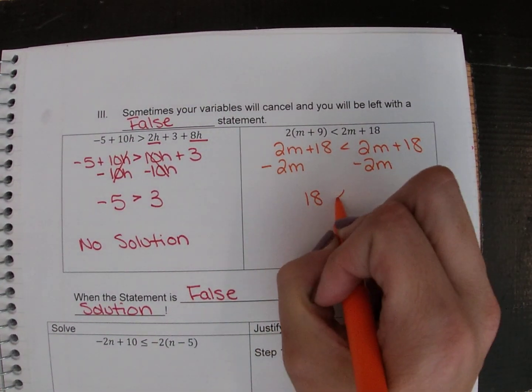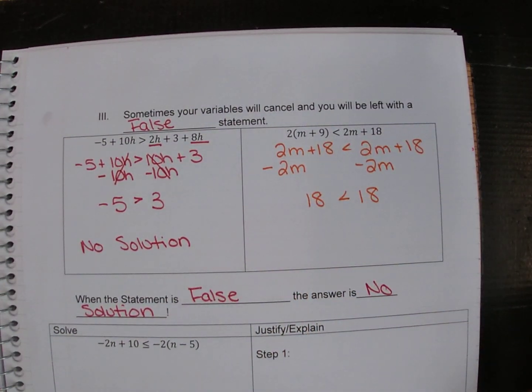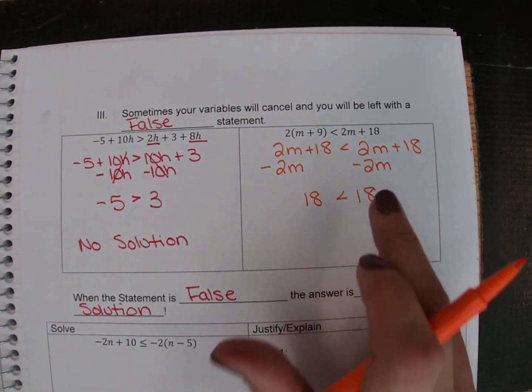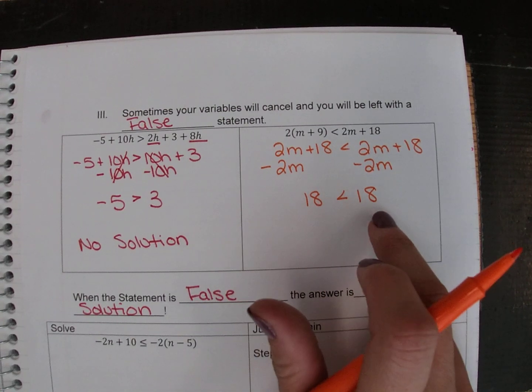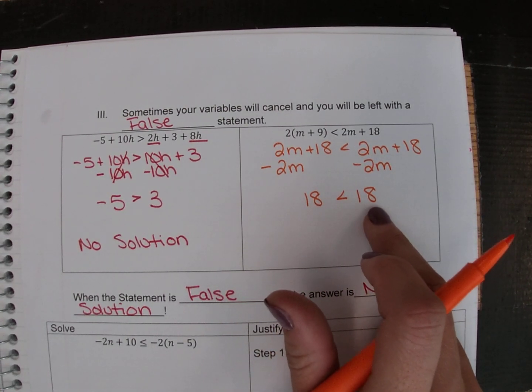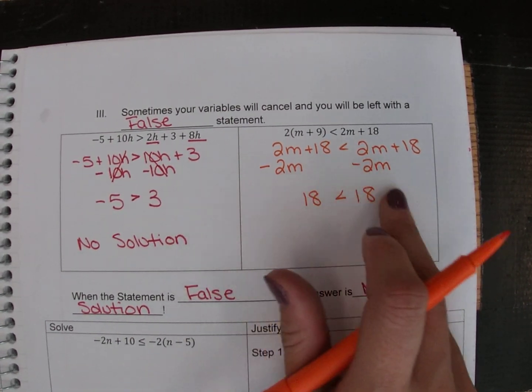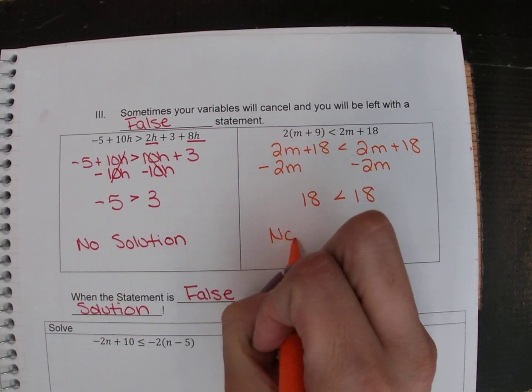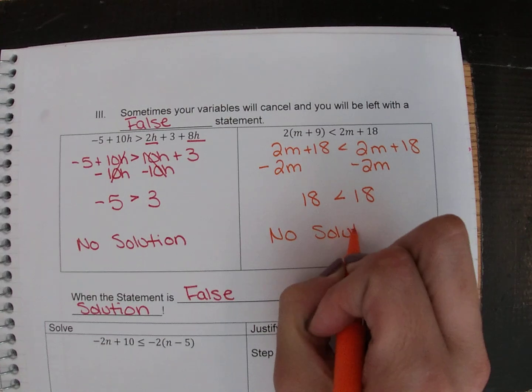Okay, so we have an 18 and an 18. Now we have to be really careful here because 18 is not less than 18. If this said 18 is less than or equal to 18, that would be a true statement. But this does not have the or equal to, so this is a false statement, and therefore we will put no solution.